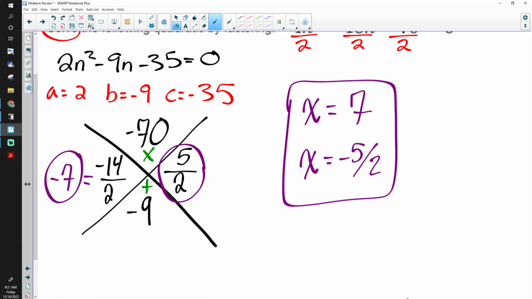These are the solutions to the quadratic. Okay? When you solve, you flip P and Q. If we were writing our factored form, we would just take P and Q and plug them in. Okay. That is solving and factoring.